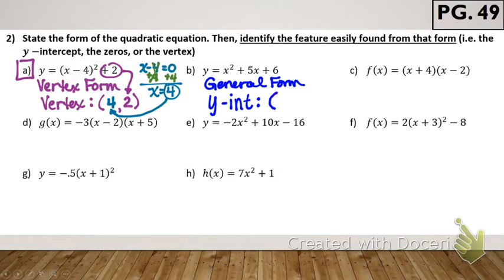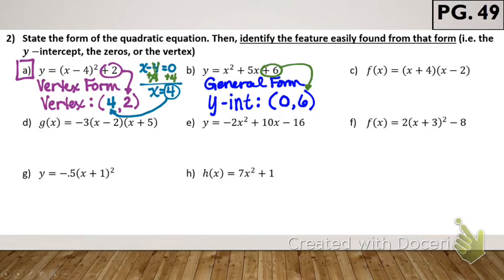It's always starting with a 0. Where does this particular parabola cross the y-axis? At 6. It's a positive 6 here, so that's what I bring down. (0, 6) would be my y-intercept.